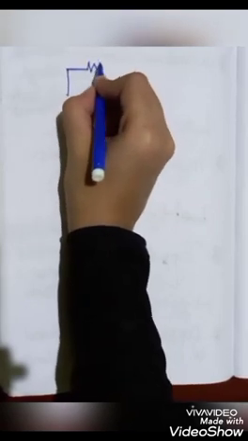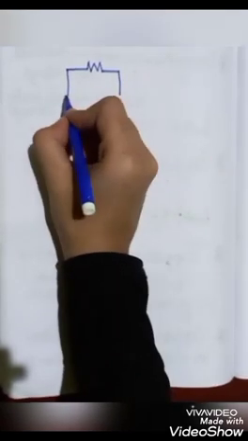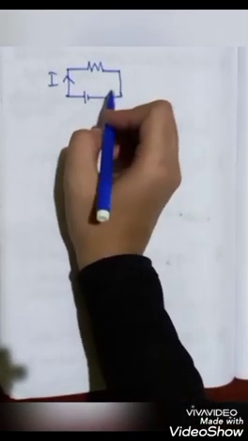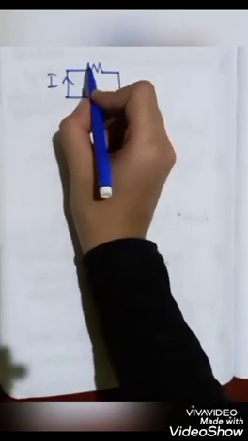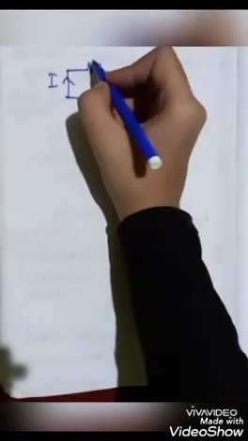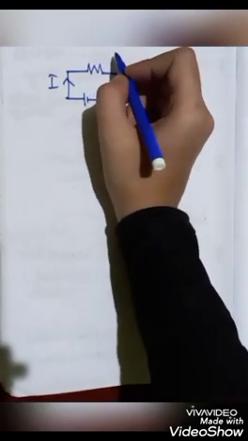I already said that the heating effect of electric current means in a circuit there will be a resistor and there will be an electric cell. This is a simple circuit and the current will flow through this circuit. Some of the electric current gets consumed by the resistor, that is, it is converted into heat energy.